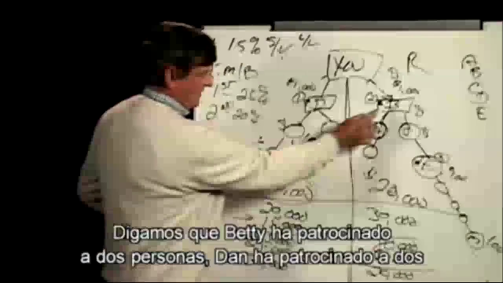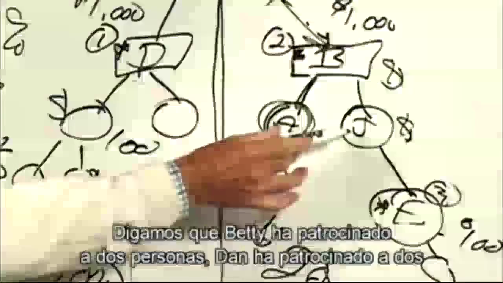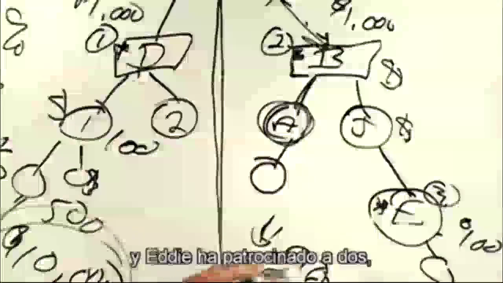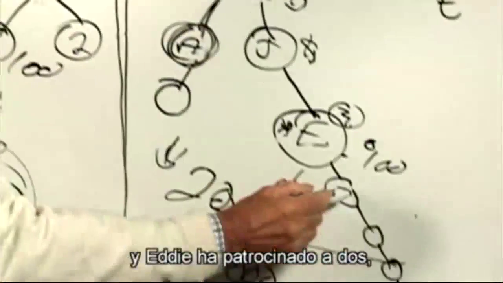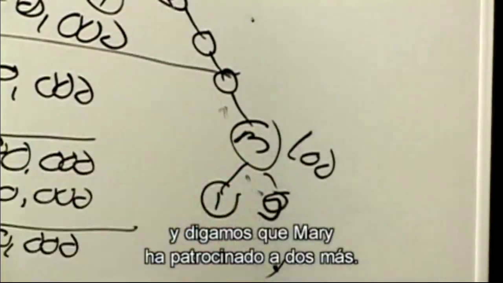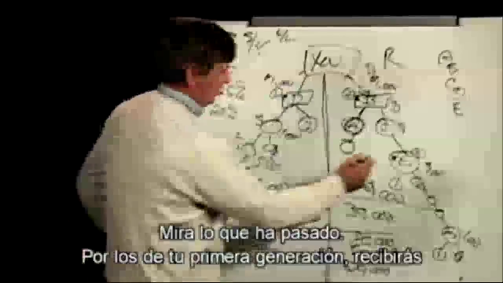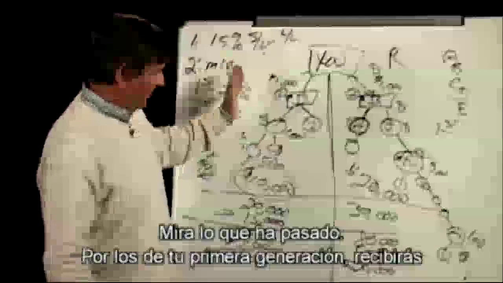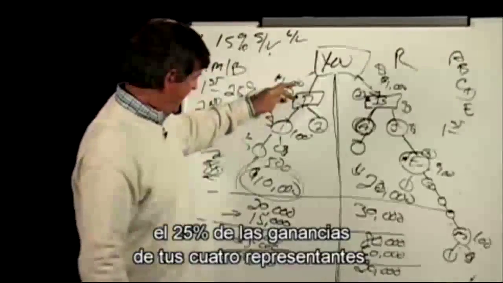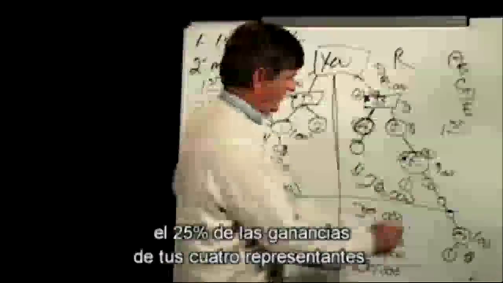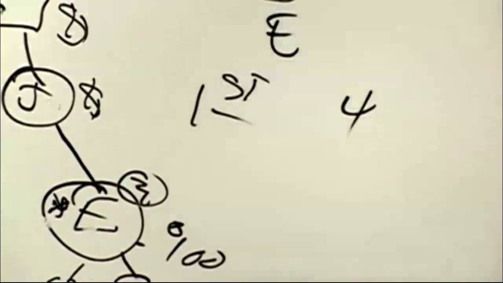Let's say that Betty sponsored 2 people, Dan sponsored a couple of people, 1 and 2, and let's say that Eddie sponsors a couple of people, 1 and 2, and let's say that Mary sponsors a couple of people, 1 and 2. Well, look what happened. On your first generation, you sponsored, and you'll get paid 25% of all their earnings on 1, 2, 3, and 4 reps, okay?